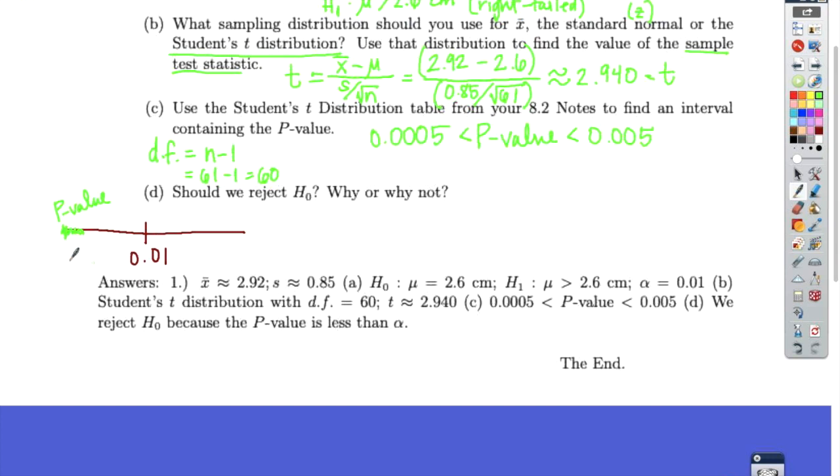So should we reject H naught? Yes, because we're less than that level of significance. Yes, we should reject H naught because our p-value is less than the level of significance. If your p-value is less than your level of significance, you reject your null hypothesis. You reject H naught.